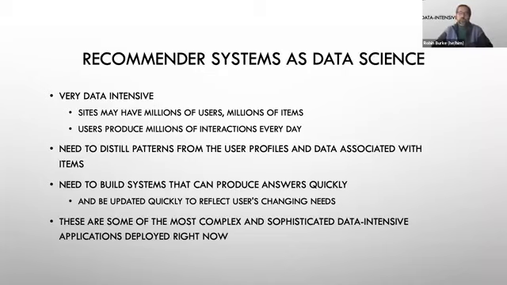We need to produce those things very quickly. When you click on something, we may need to update those preferences and update the answers that you get to reflect the user's changing needs. So these are very complex and sophisticated, very data intensive applications, some of the most challenging applications that are out there right now.